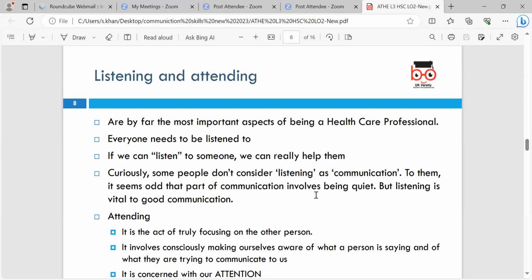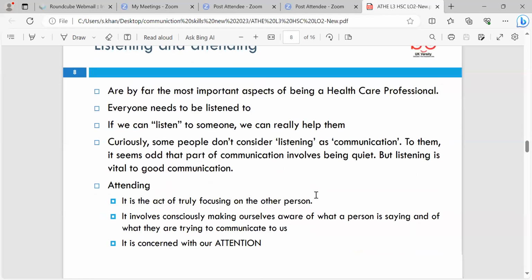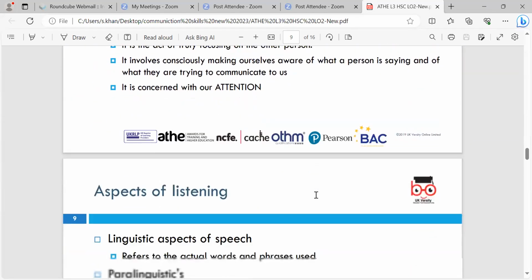You need to pay attention to what they're saying. You need to acknowledge that you are engaged in the conversation, by nodding your head and using encouraging words such as yes and things like that. It's so important in the health and social care profession.